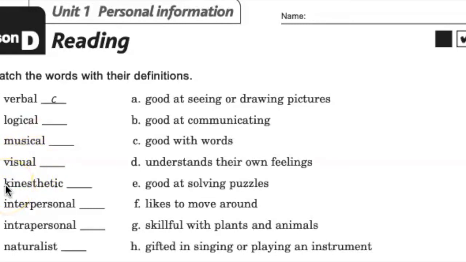Number 5, kinesthetic, interpersonal, intrapersonal, naturalist. So go ahead and find the definitions for each one and then put it on pause, and when you're ready we will discuss the answers.